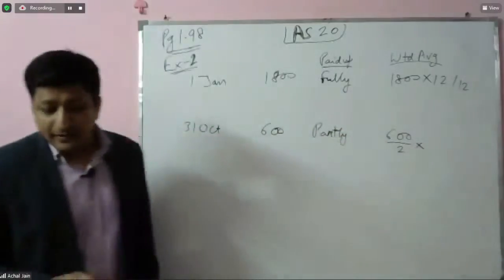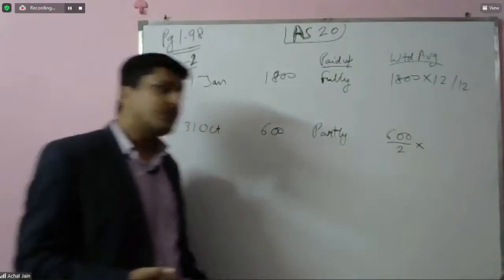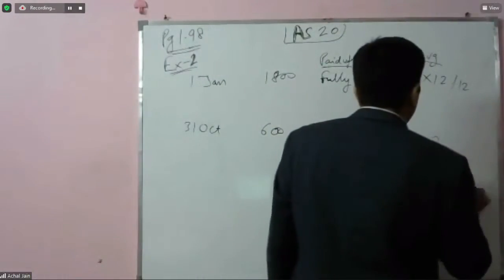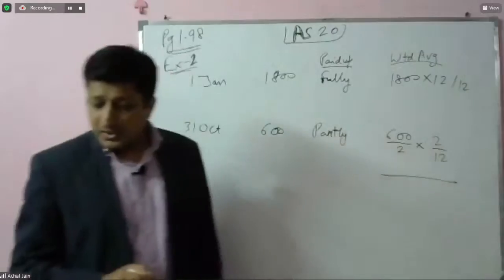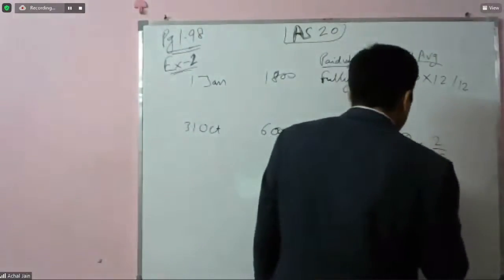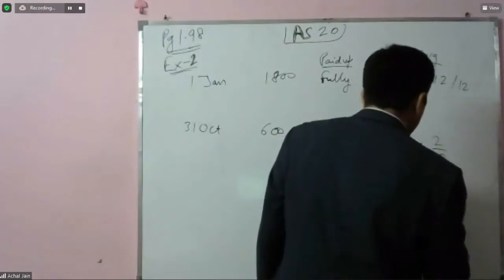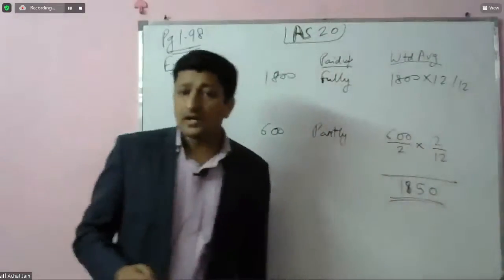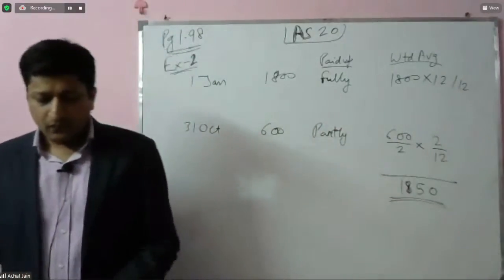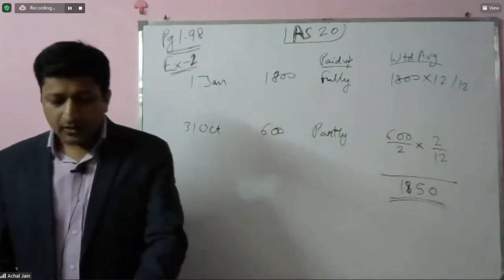For what period will we consider this? November and December, because these have been for 2 months only. So what do we get? Summation of these two, what do we get? 1850 shares. 1850 is the number of shares. Okay, clear? Clear on this part?